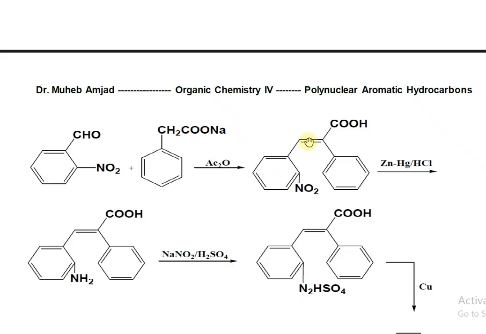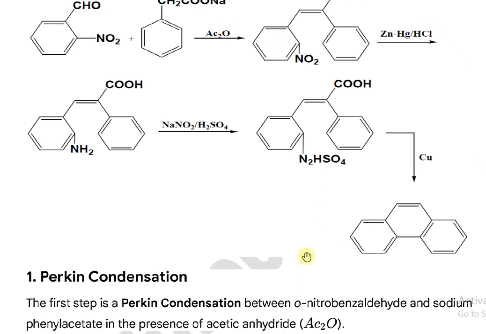It will give us carbon double bond carbon. Reduction, reducing the nitro group to the amino group, and then converting the amino group to the diazonium salt. The diazonium then enters cyclization with the second ring to give us a carbon-carbon new bond here. This is the procedure, reaction with copper.